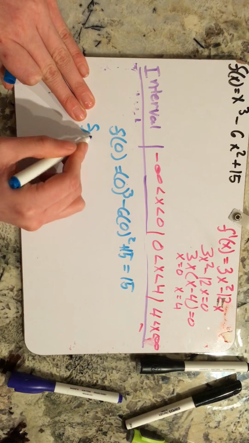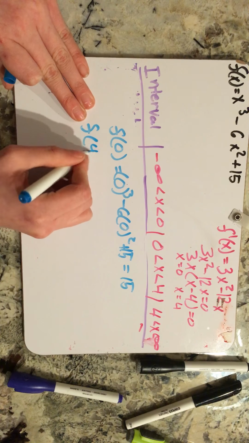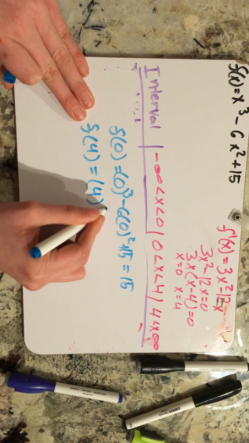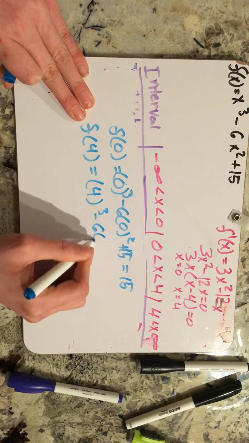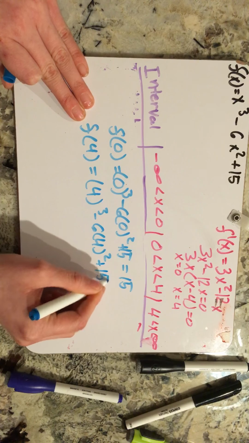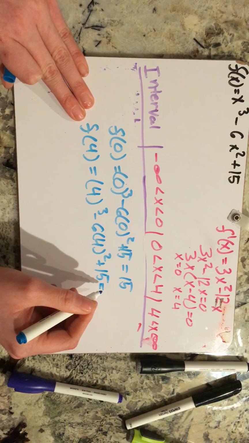And then f of 4 is going to be equal to 4 cubed minus 6 times 4 squared plus 15.